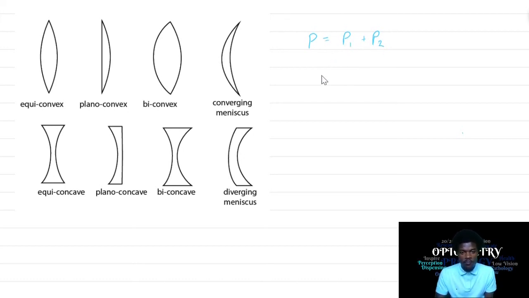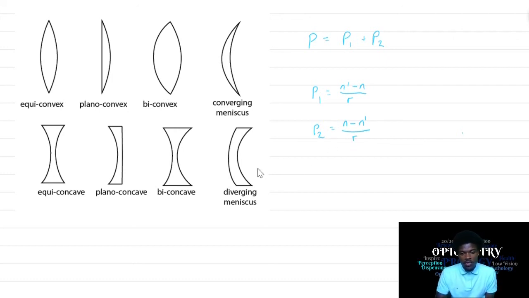But remember, P was equal to n prime minus n over r. We spoke about that before. So P2 as well is the reverse, n minus n prime over r.